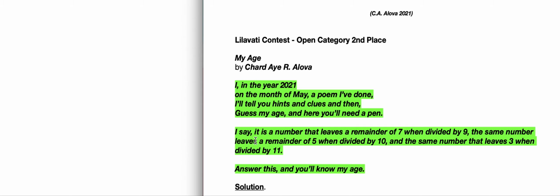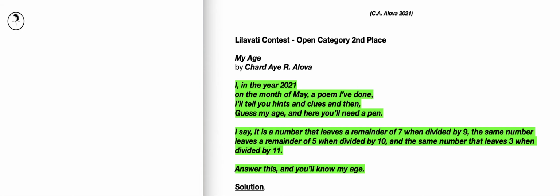Actually, we can rewrite this as follows. Let's have this number x, which is congruent to 7 mod 9, since it leaves a remainder of 7 when divided by 9.